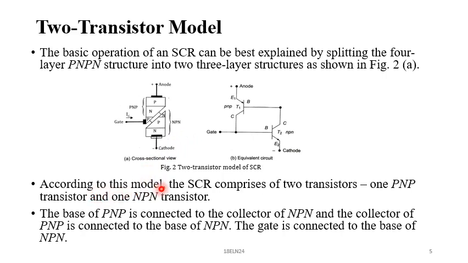According to this model, the SCR comprises two transistors, one PNP transistor and one NPN transistor. The base of the PNP transistor is connected to the collector of the NPN, and the collector of the PNP transistor is connected to the base of the NPN. The gate is connected to the base of the NPN transistor. Next we will discuss the switching action or working of this two transistor model.